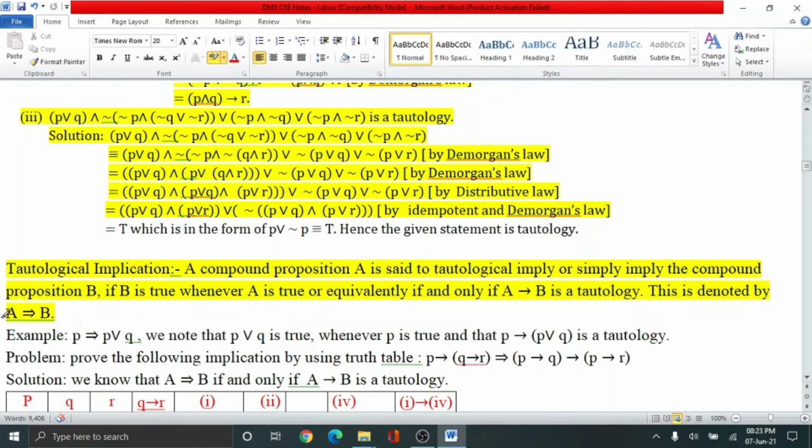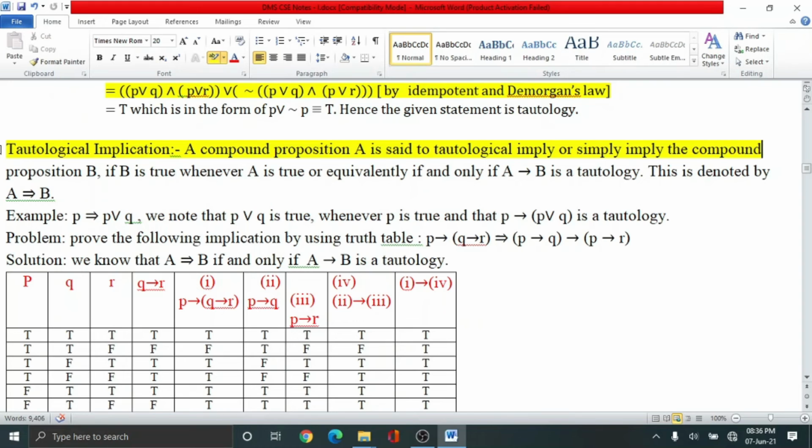You can observe that this is a notation. Tautological implication: a compound proposition A is said to be tautologically implied, or simply implied, the compound proposition B if B is true whenever A is true, or we can also equivalently write that A implies B is a tautology, and it is denoted by this notation.